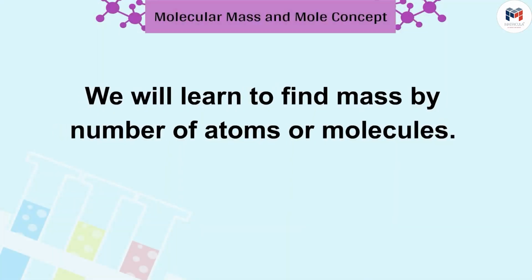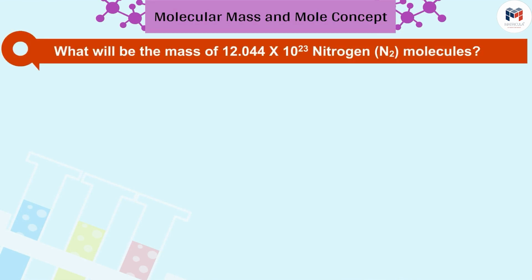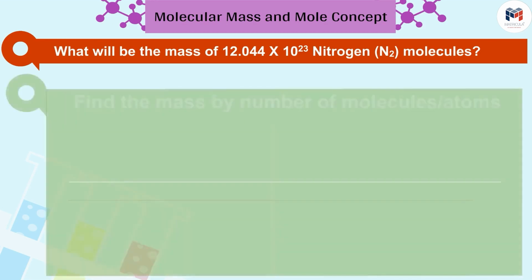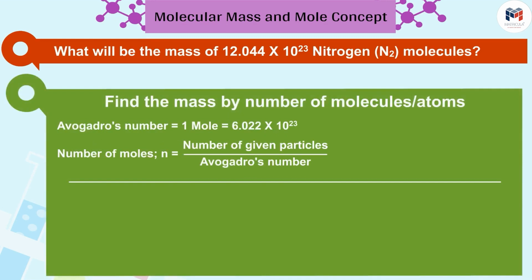Now, we will learn to find mass from the number of atoms or molecules. What will be the mass of 12.044 into 10 raised to 23 nitrogen N2 molecules? To find this, first we will get the number of moles from the number of given particles. 12.044 into 10 raised to 23 nitrogen gas N2 molecules is equal to 2 moles of nitrogen gas.